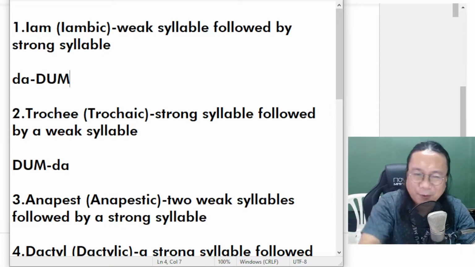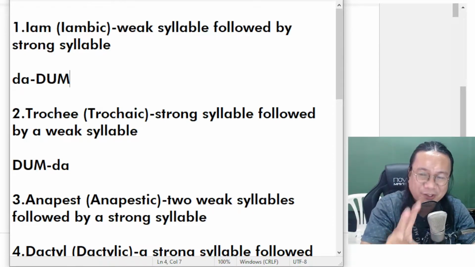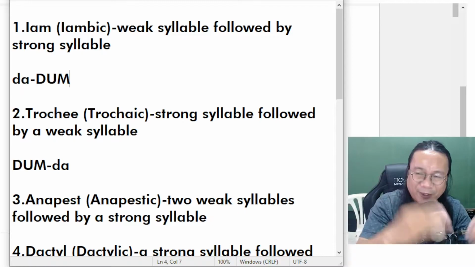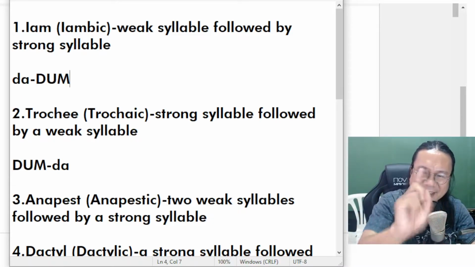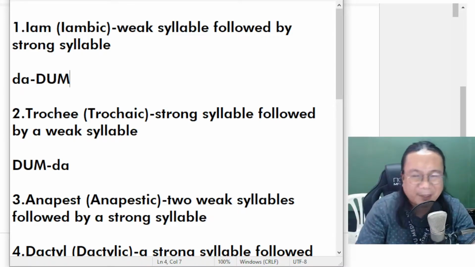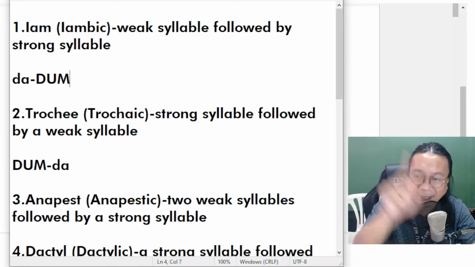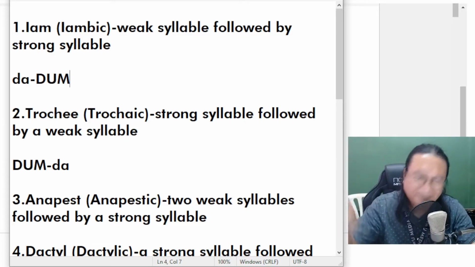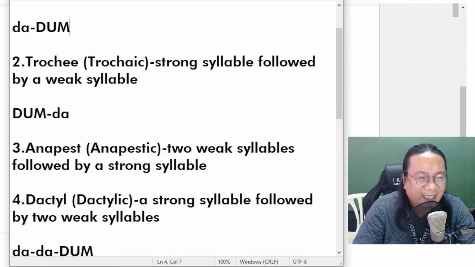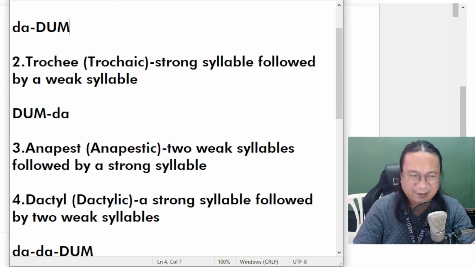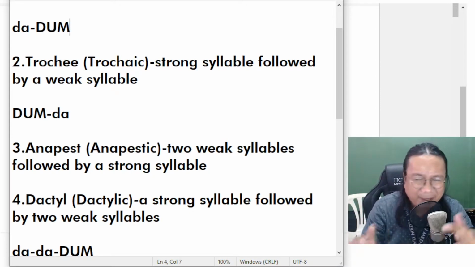It can either be composed of one word or two words or a part of a multi-syllabic word na nandoon. Basta yung foot niya is the dumb. So pag gagawa ka ng line, the dumb, the dumb, the dumb, the dumb. That's iambic. Next we have the trochee. Trochaic. Ito naman, kabaliktaran naman siya.